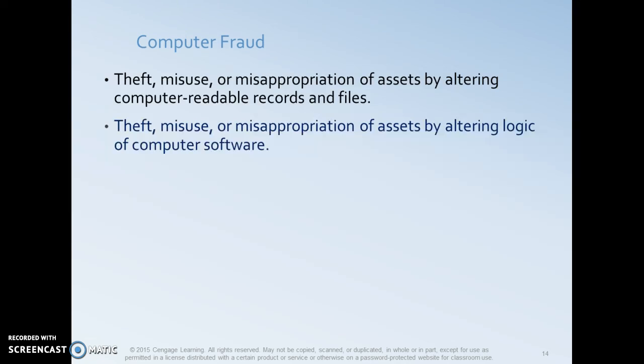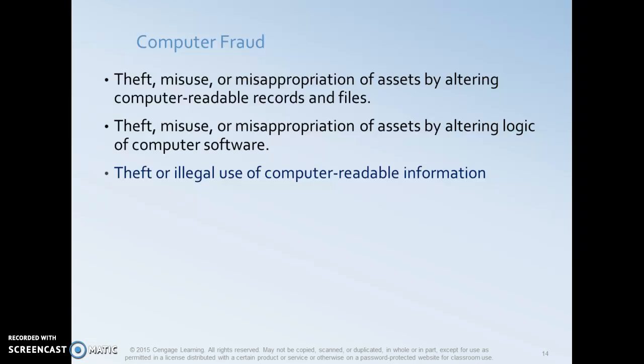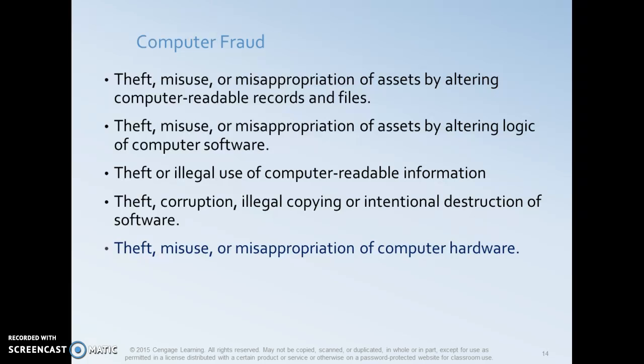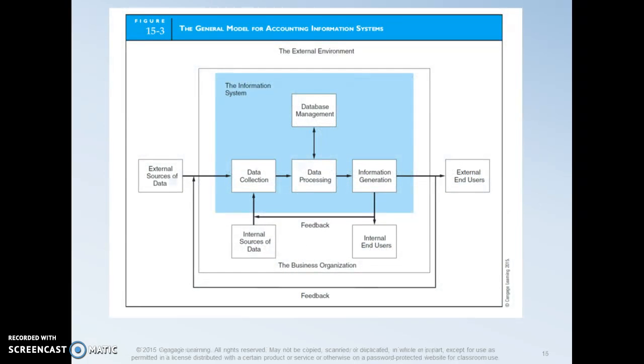Theft, misuse, or misappropriation of assets by altering the logic of the computer software. Theft or illegal use of computer-readable information. Theft, corruption, illegal copying, or intentional destruction of software. Theft, misuse, or misappropriation of computer hardware.